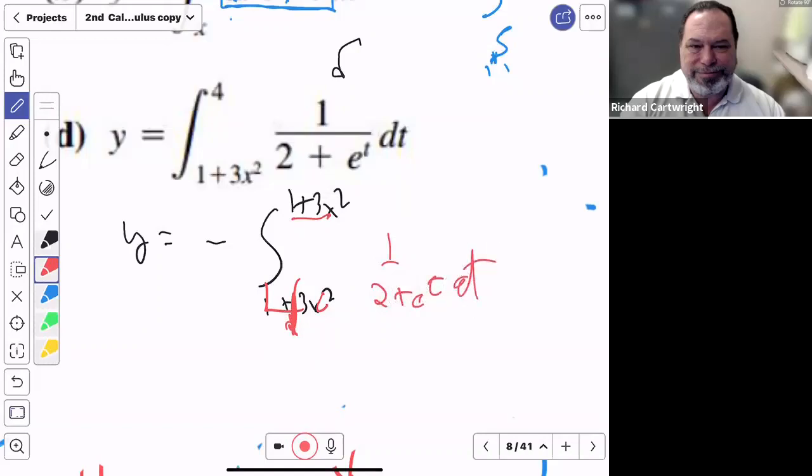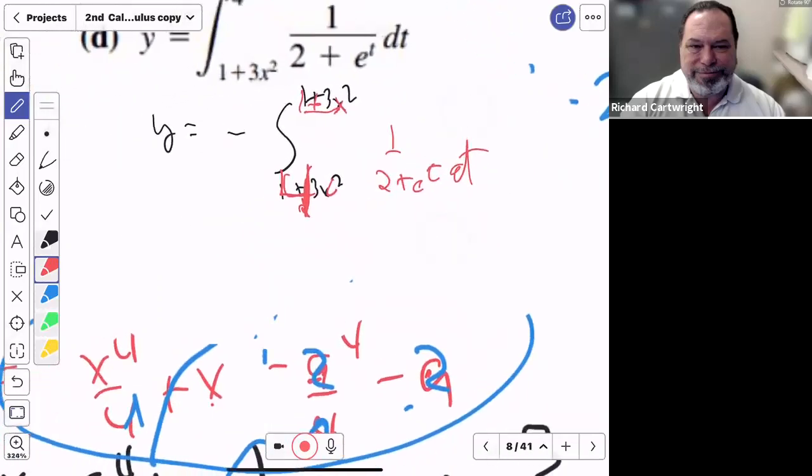So I'm going to keep the 1 plus 3x squared on top. I'm going to keep the 4 down here. And I put my negative because I flipped them. So y prime will be everywhere you see the t, you will plug in the function. That's your first step.